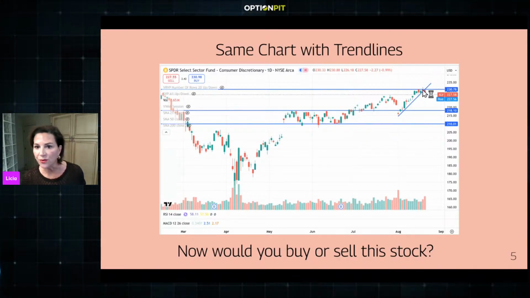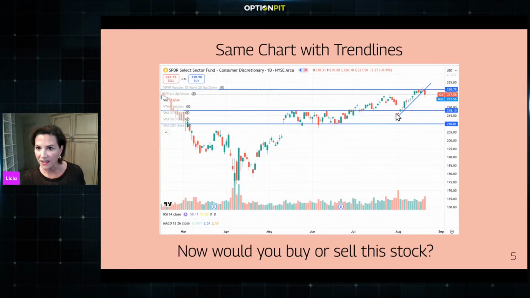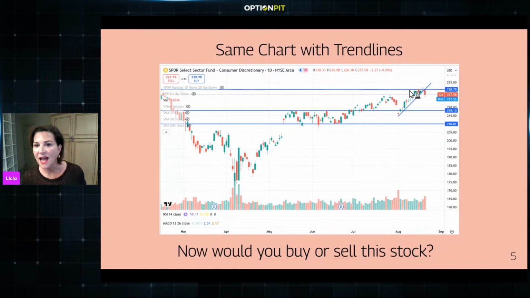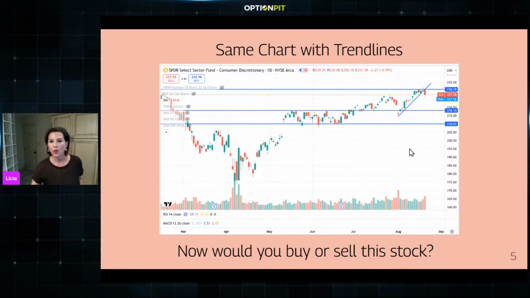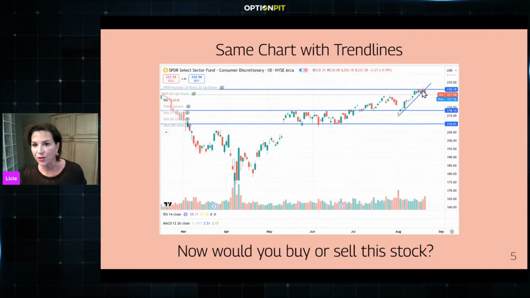This newest, more recent part, it's been in an uptrend, meaning it's been trading higher. We have these several days in a row where the stock could not trade beyond 230.78. Once you see that, that's a great opportunity to add a trend line.